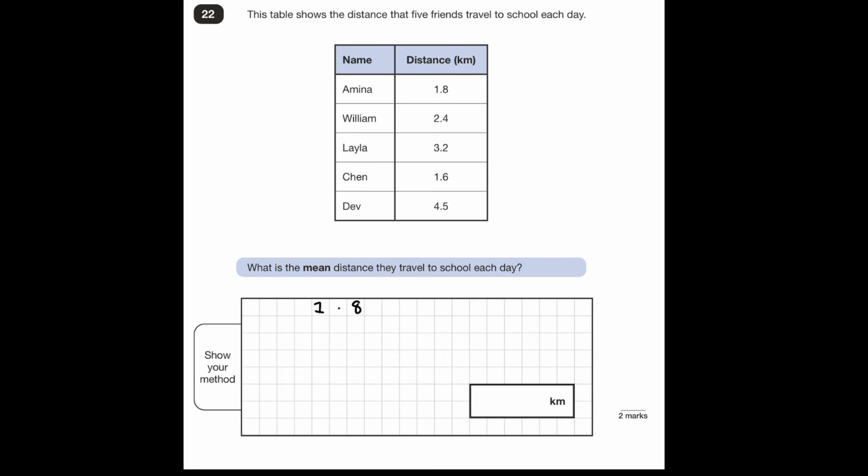So first of all, we need to add all the distances together. So we need to add Amina's distance to William's distance of 2.4 kilometers, to Layla's distance of 3.2 kilometers, to Chen's distance of 1.6 kilometers, to Dev's distance of 4.5 kilometers. We need to add all of these together.